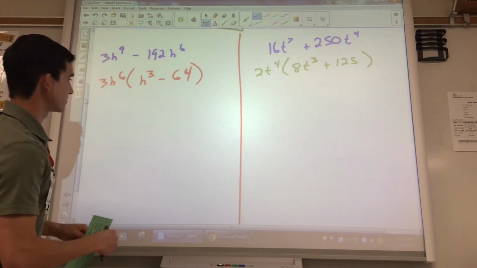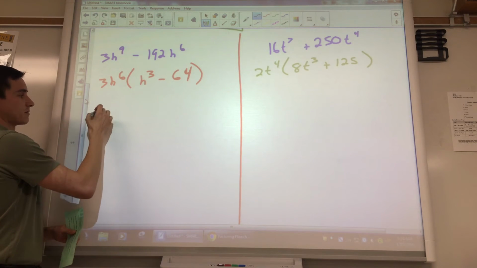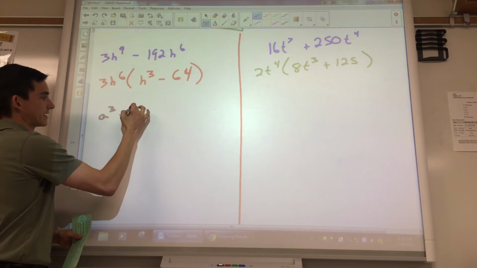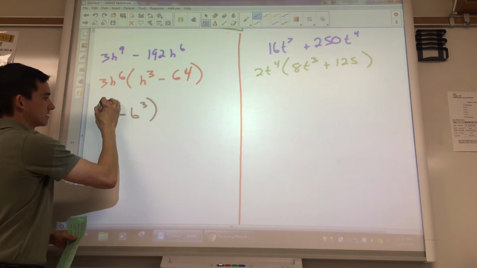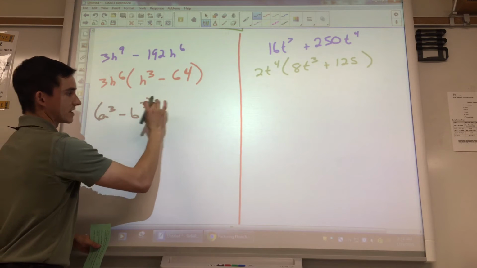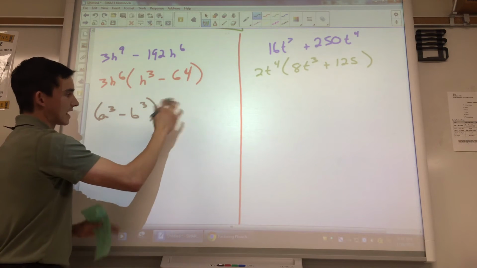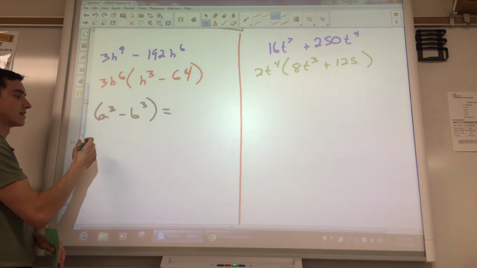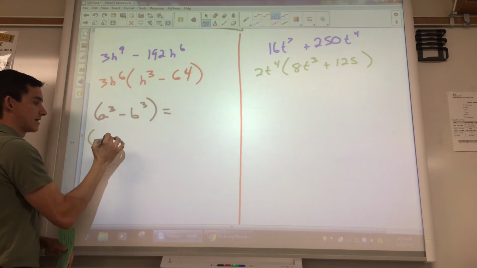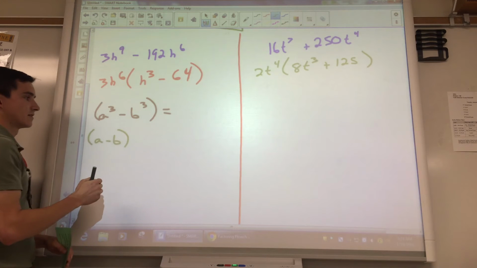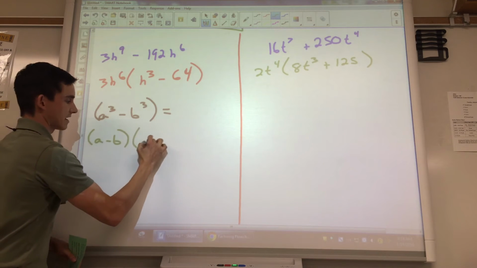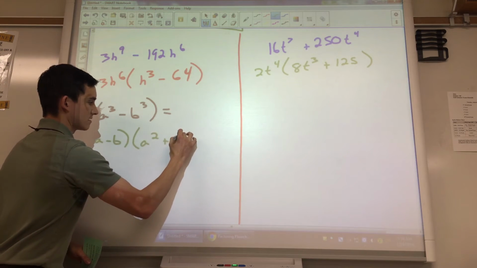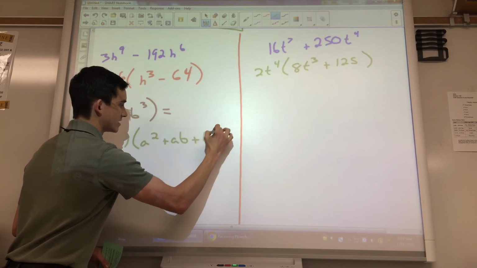Okay, so the difference of cubes, if you have the difference of cubes, so you have a cubed minus b cubed, you can write that down, and you can say equals if you want. I'm just not going to have space. So what that equals is, I'm going to erase this all in a second, but I want you to write this down. A minus b, okay, and then you have a squared plus ab plus b squared.